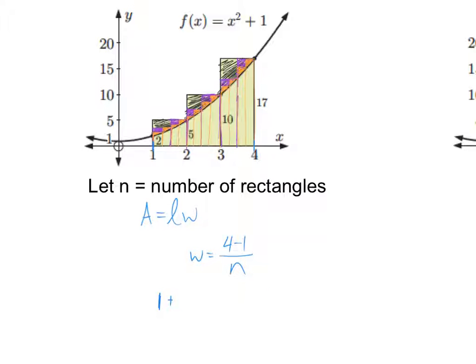So, for example, I would add this width once, and I would evaluate my function at that value to figure out the height of this first rectangle. Why is it 1 plus? Because we're starting at 1, and I need to add the width to it. Then I evaluate the function there, and that tells me how tall that rectangle is. But again, that's only for the first one.